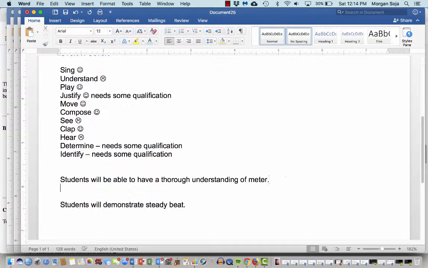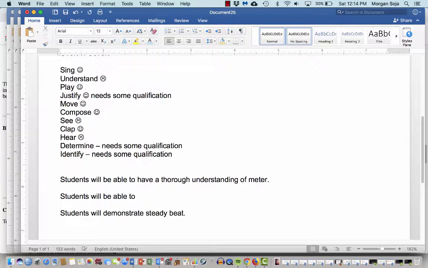So if I want this to be something observable, I might say students will be able to conduct, use 4-4 conducting, correctly use 4-4 conducting patterns in how about a song that's in 4-4?